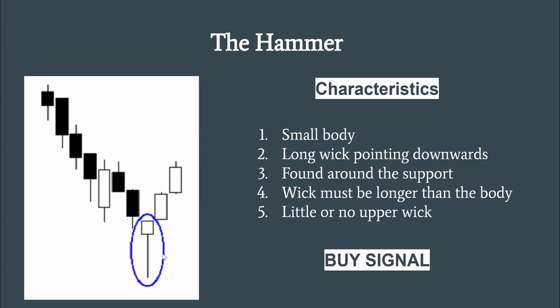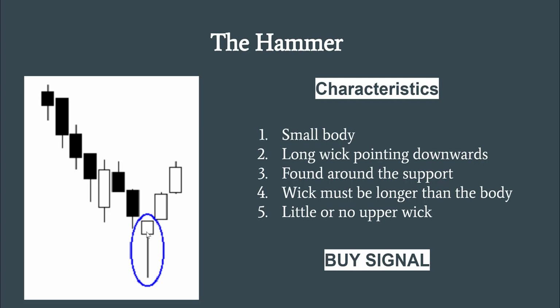Now when you see this, it is usually a buy signal indicating the market may likely reverse. All right, 70 to 80% of the time when you see the hammer form, it simply means it's a reversal candlestick. When I go to the practical session, I'll talk about some things you have to look out for, so you don't just trade the hammer anytime you see it.